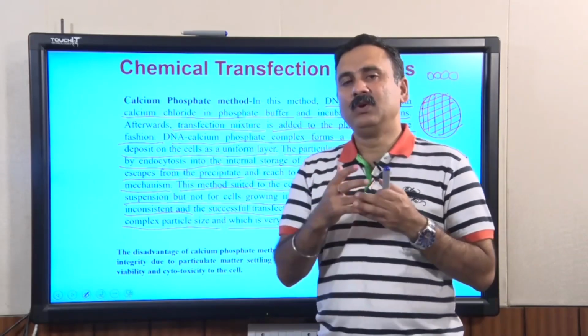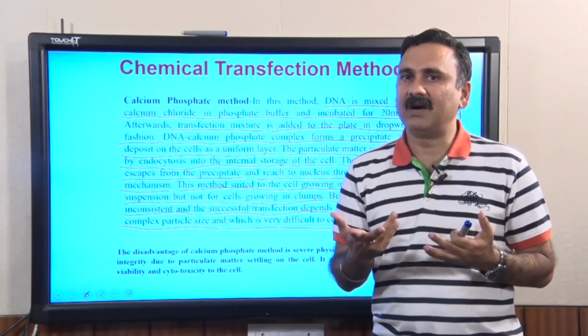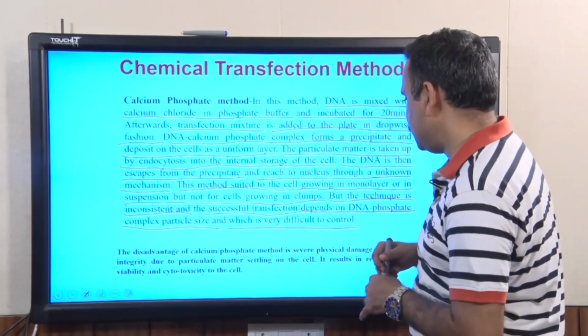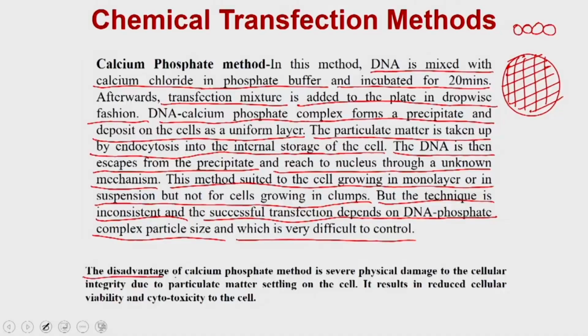Apart from that, you also have multiple disadvantages. What are the disadvantages? The calcium phosphate method is causing severe damage to the cellular integrity due to the particulate matter settling onto the cell. So, you can imagine that you have heavy particles which are settling onto these monolayer mammalian cells.